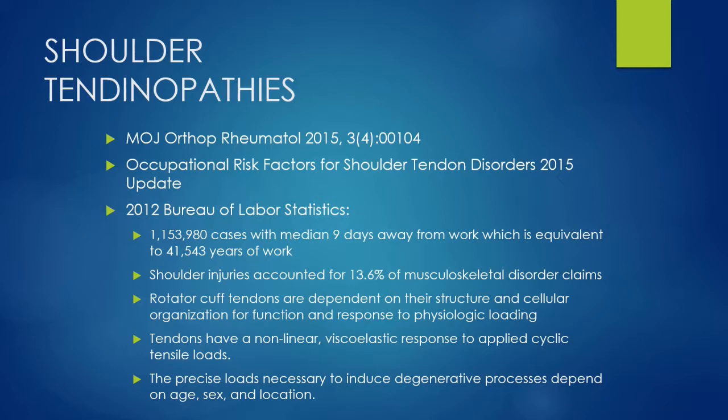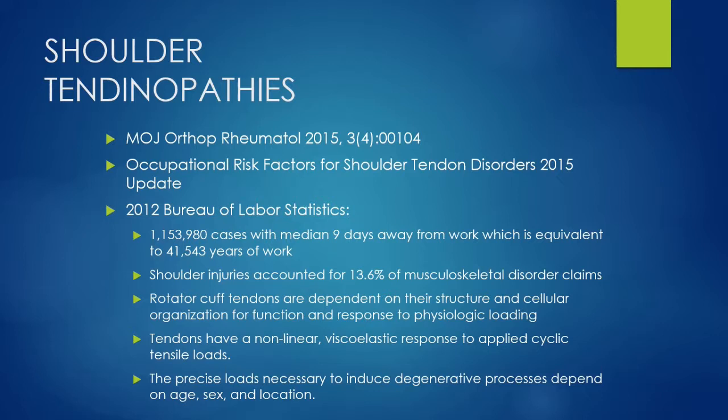So according to the Bureau of Labor Statistics, approximately 1,100,000 cases of what are known as musculoskeletal work disorders, the MSWDs, are reported. And of those 1,100,000 musculoskeletal work disorder cases, the median involves 9 days away from work, which is equivalent to 41,500 years of lost work days on an annual basis due to musculoskeletal work disorders.